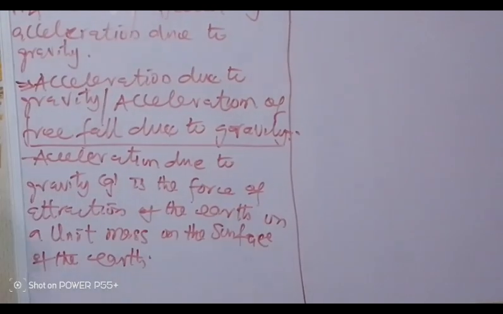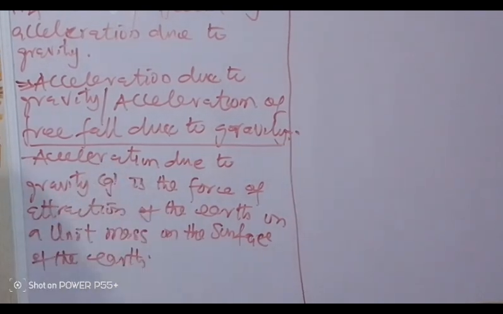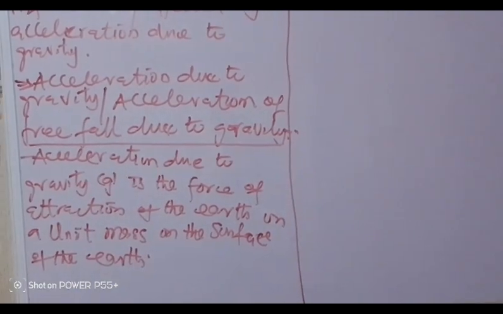That is, the force of attraction of the Earth on any object on the surface of the Earth is what is meant by acceleration due to gravity.